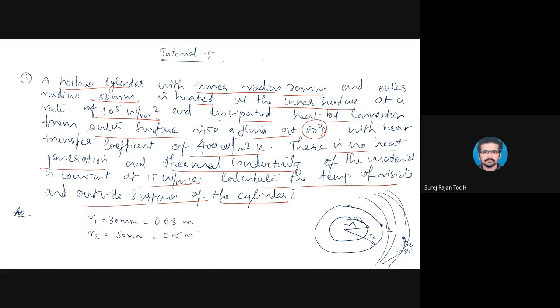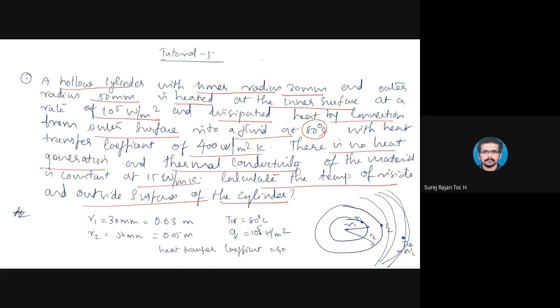The heat is dissipated by convection, T infinity is given, that is the temperature of the surrounding fluid, 80 degrees Celsius. And small q, the heat flux for that particular conduction part, is given, that is 10 raised to 5 watt per meter square, and for the convection mode, the heat transfer coefficient is given.